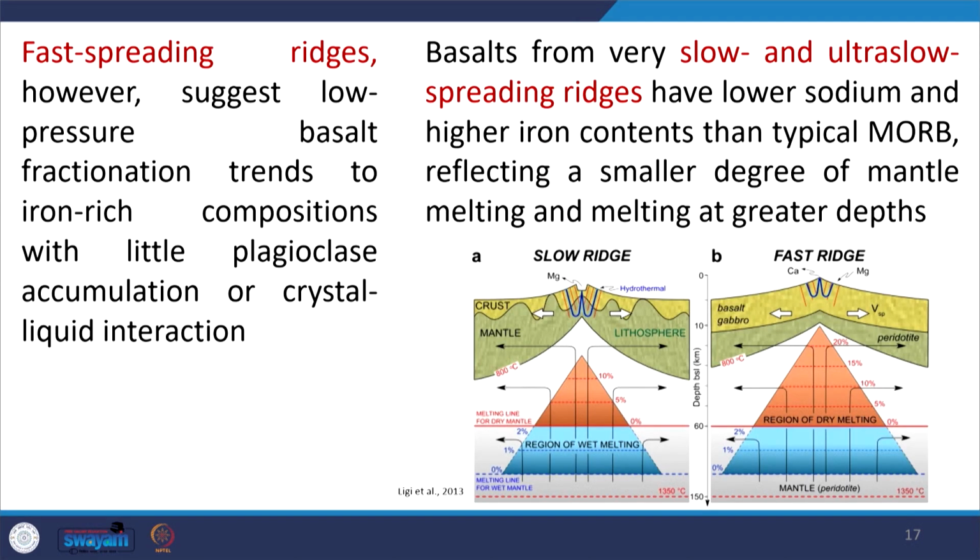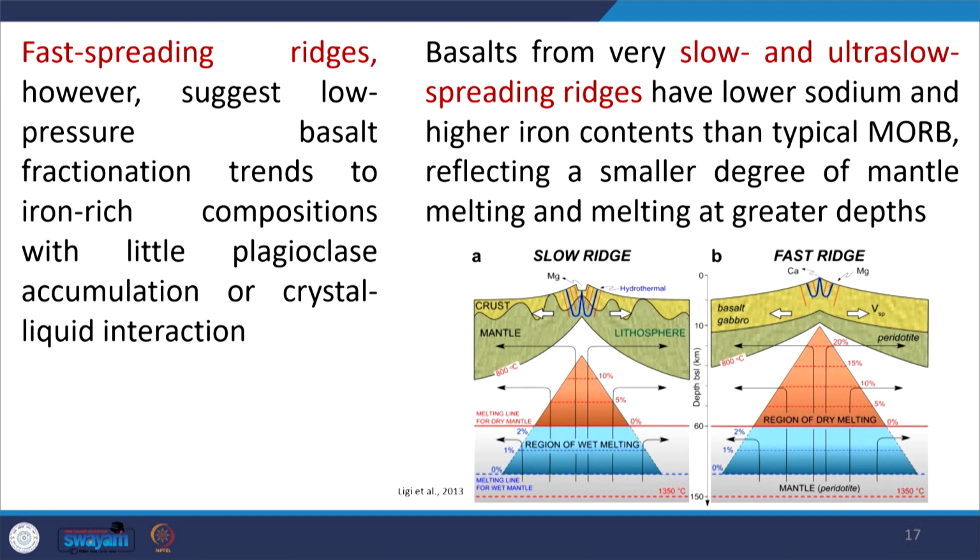Fast spreading ridges, however, suggest low pressure basalt fractionation tending to iron-rich compositions with little plagioclase accumulation or crystal-liquid reactions. And basalts from very slow and ultra slow spreading ridges have lower sodium and higher iron content than typical mid-oceanic ridge basalt, reflecting a similar degree of mantle melting and melting at greater depth.